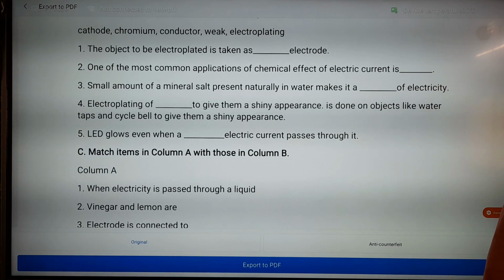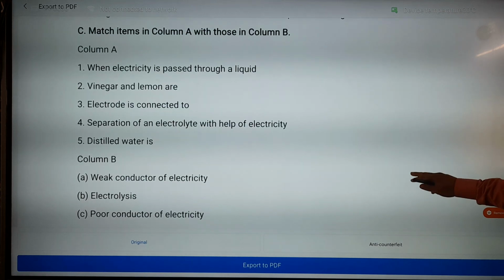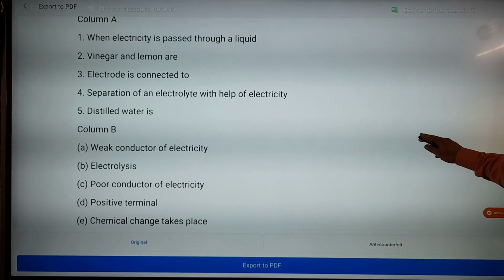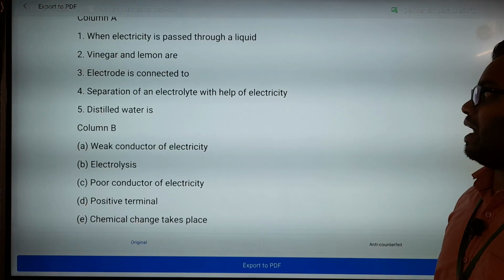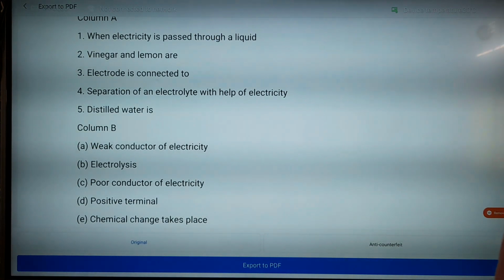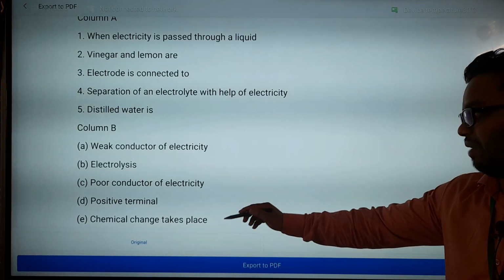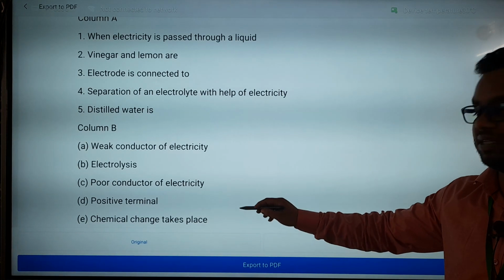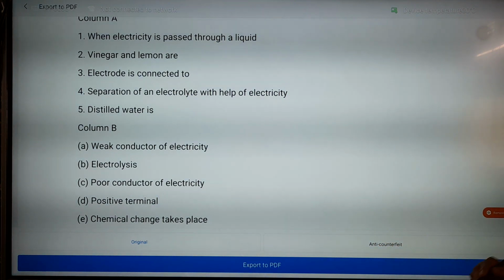Okay, next we will come to match the following. So you see here, first one, when electricity is passed through a liquid. Chemical changes. Very good. Chemical change takes place. So 1E.